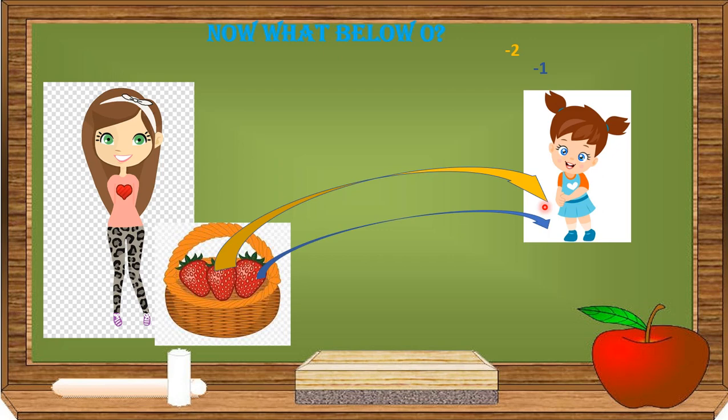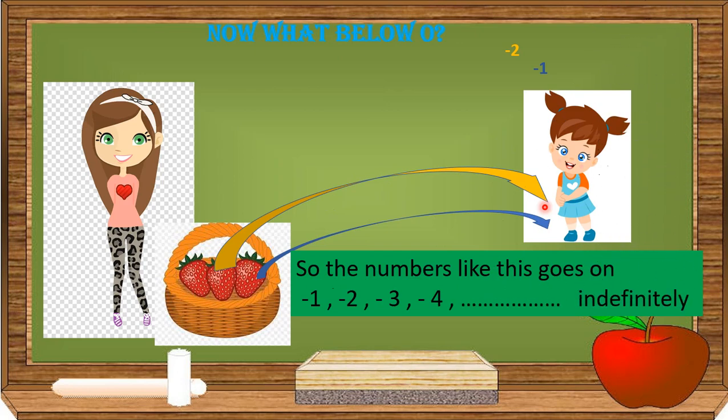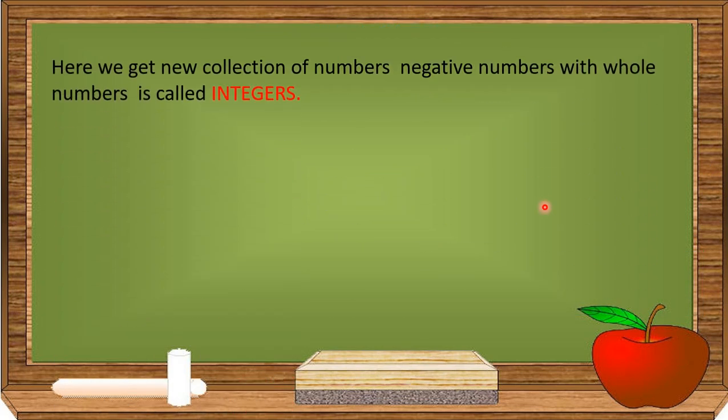So here, in this way, we continue to write the numbers: minus 1, minus 2, minus 3, minus 4, up to infinity, indefinitely. So here what we are observing is that we are getting a new collection of numbers, where some numbers are positive and some numbers are negative.